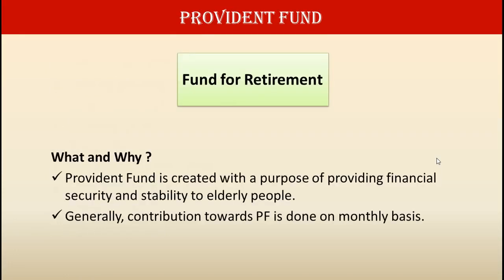So what exactly is Provident Fund? It's a fund that is created with the purpose of providing financial security and stability to elderly people. What this means is you invest every month, that is, a part of whatever salary you get every month is invested in the Provident Fund, so that after retirement you will receive this fund either monthly or you can get the corpus.